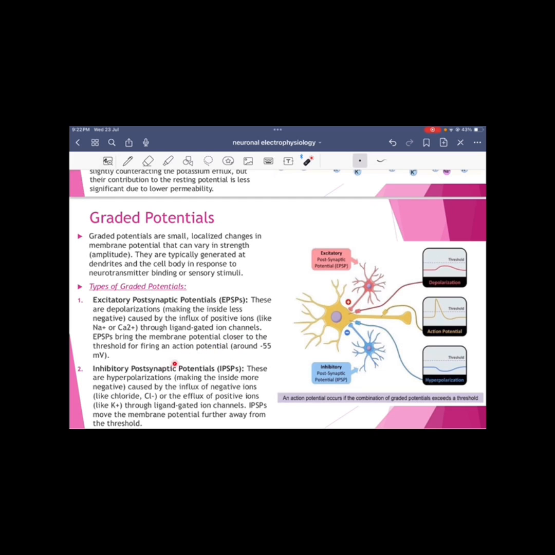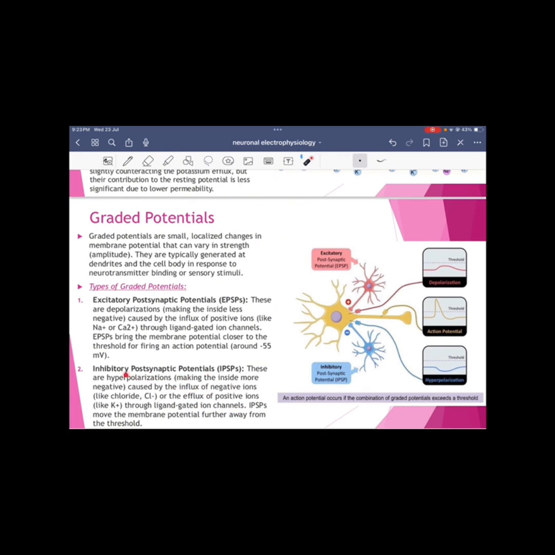So they will make the resting membrane potential around minus 55. Whereas the inhibitory postsynaptic potentials cause hyperpolarization, like here, and they are caused by the influx of negative ions like chloride, or the efflux of positive ions like potassium, also through ligand-gated channels.